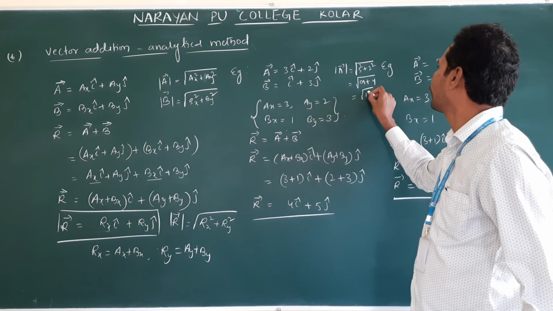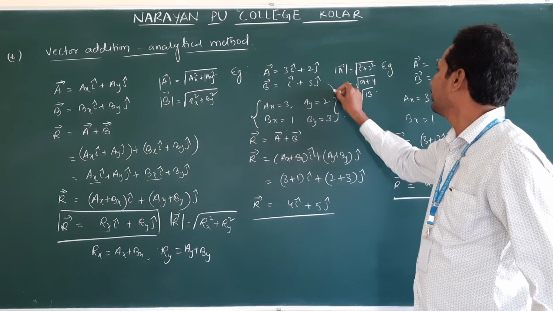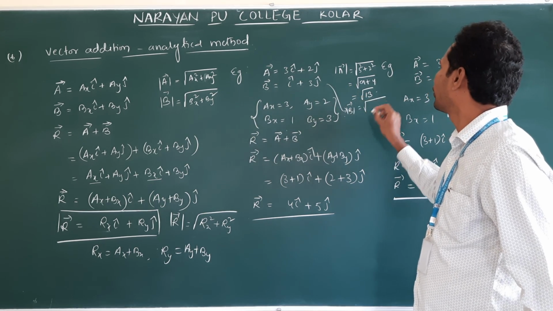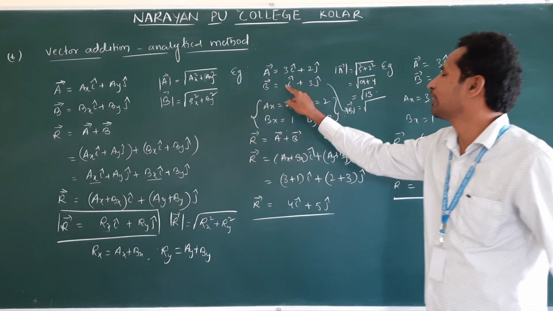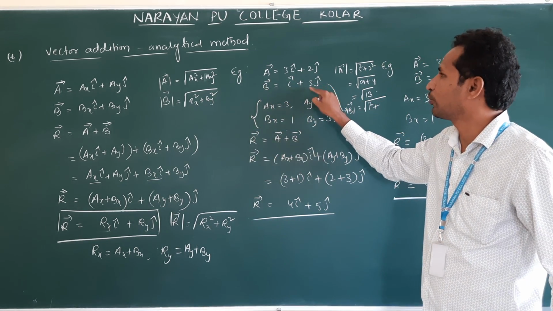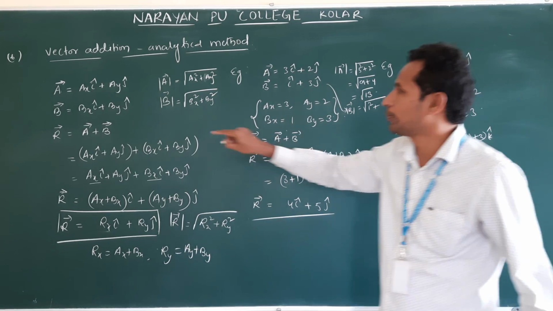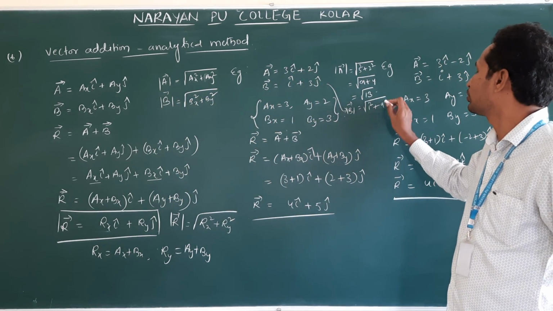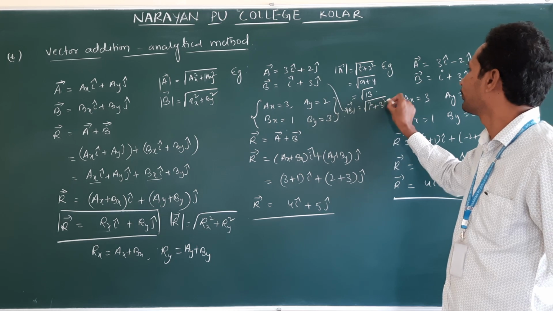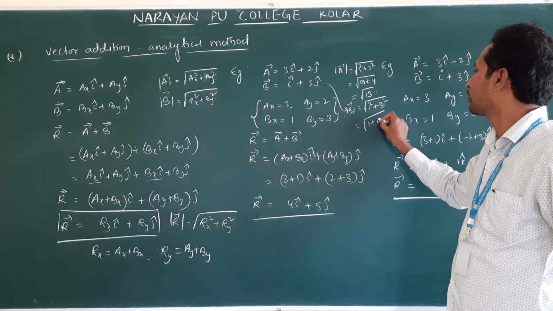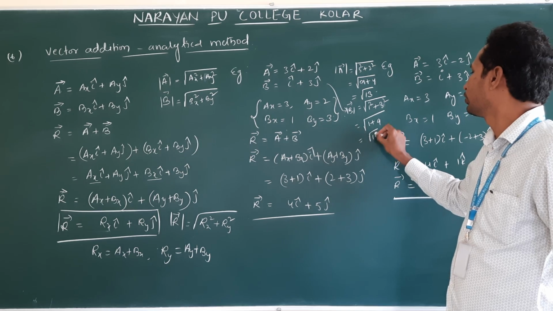This is under root of 13. Similarly, magnitude of B. How do you write? Under root of Bx square, what is there? Bx is 1, so 1 square plus By square. By is 3, so 3 square is 9. Now this is under root of 1 plus 9, root 10.